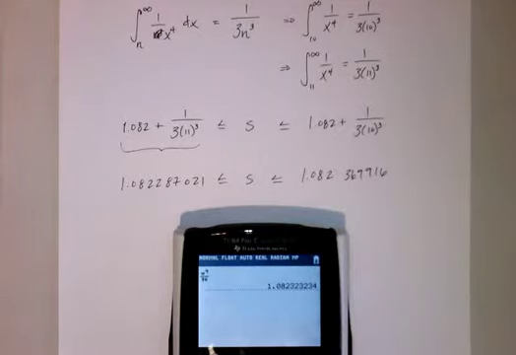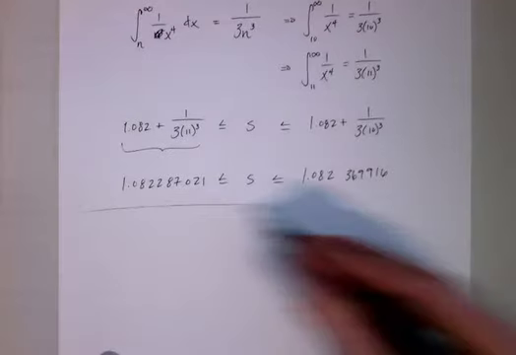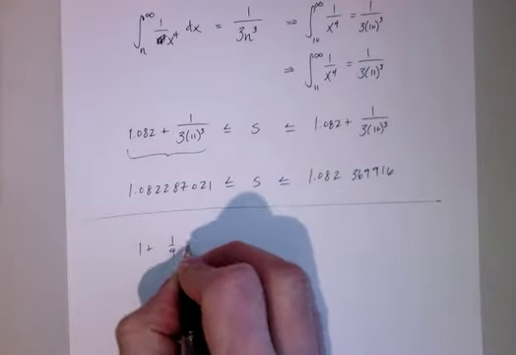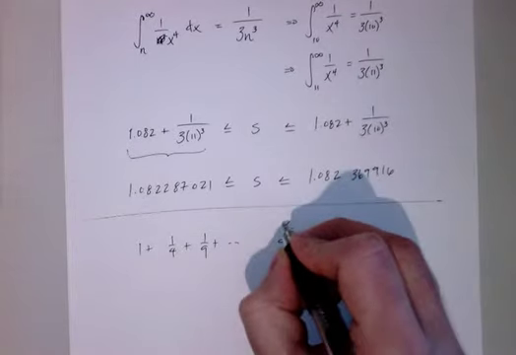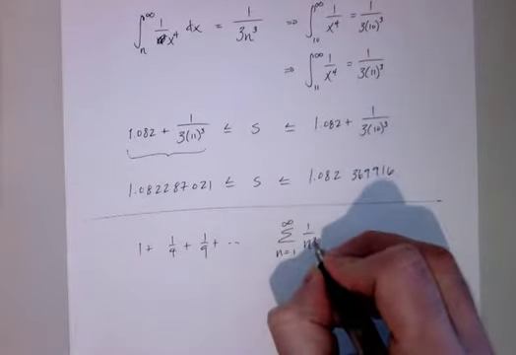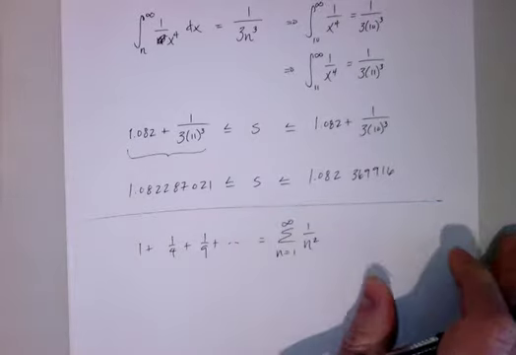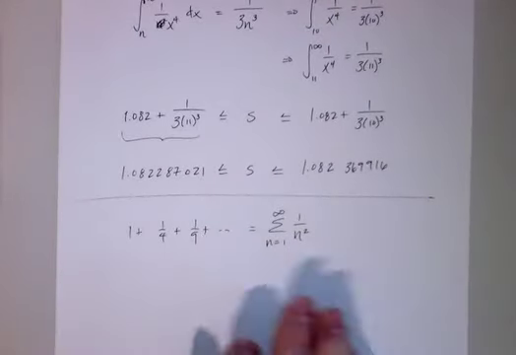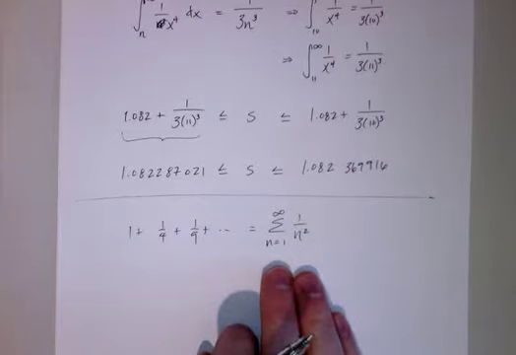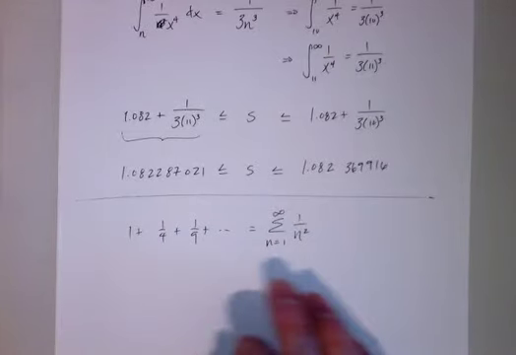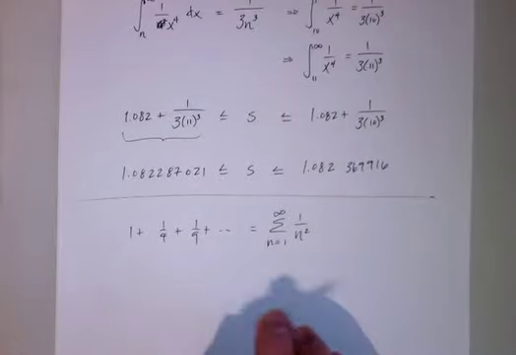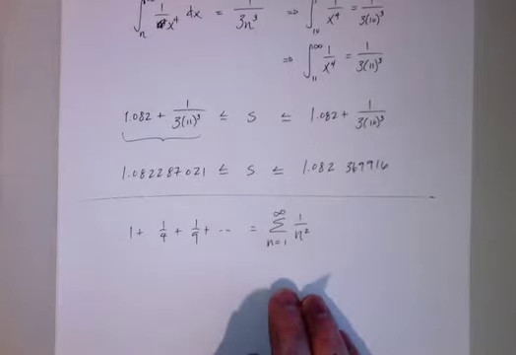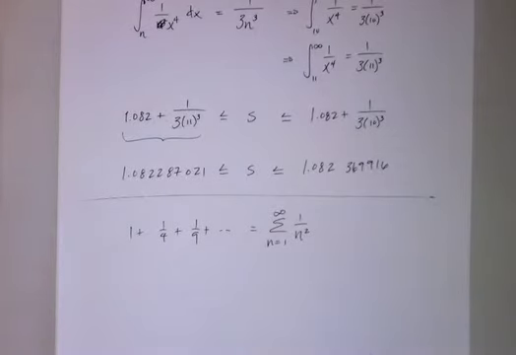In fact, the one that we were discussing earlier, which is 1 plus 1/4 plus 1/9 plus that, the sum from n equals 1 to infinity of 1 over n squared. It took a while for them to figure out what it was, and in fact one of the Bernoullis posed the question, and he wound up getting a very, very good approximation for it before Euler finally figured it out, and then of course got the actual value for it.